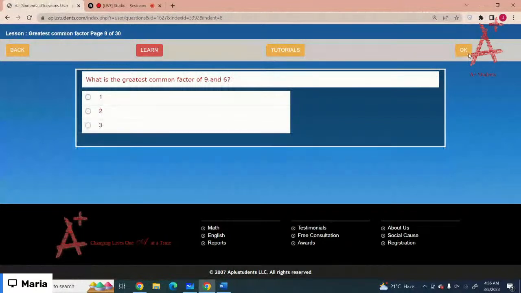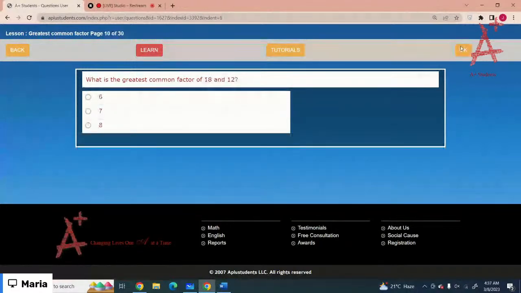What is the GCF of 9 and 6? So which is the correct option? Yes, it is 3. Got it. 3 is the GCF that can divide both 9 and 6.